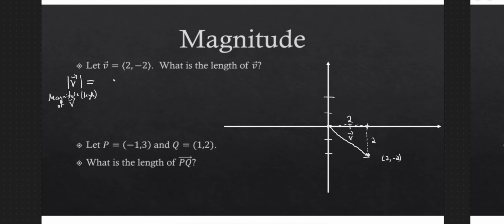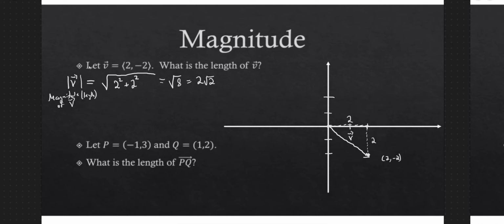This is the geometry coming in again. And so, using the Pythagorean theorem, it's 2 squared plus 2 squared. Take the square root of that. So that is the square root of 8, or 2 square root of 2, if you prefer. So that is the length of v.